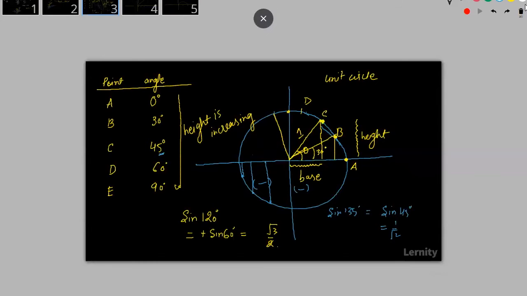These will be the angles, the reference angle. Again the sine magnitude will be 0, then it will increase and become 1, then from 1 it will decrease and become 0. I'm just talking about magnitude, 0 to 1, then 1 to 0, okay?